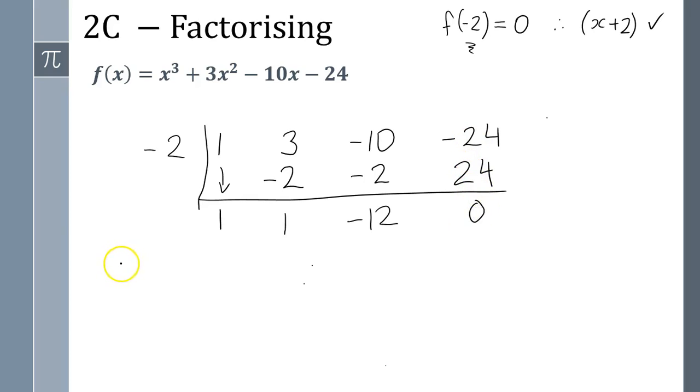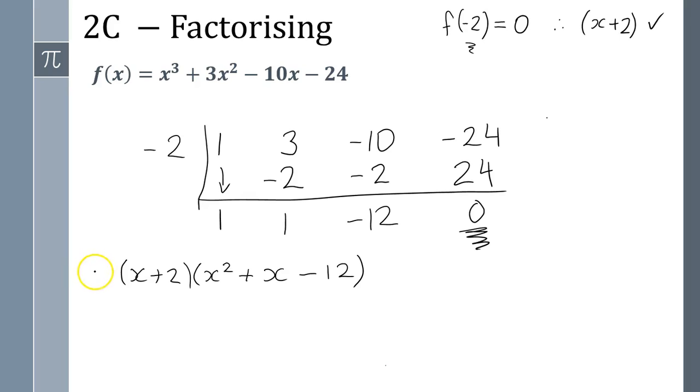So I have now got x plus 2 from the start, and I've also got 1x squared plus 1x minus 12. Let's get rid of those so it doesn't look like division. See how I've got no remainder there? If you've got a remainder, you've got your factor wrong and you need to go back and change it.